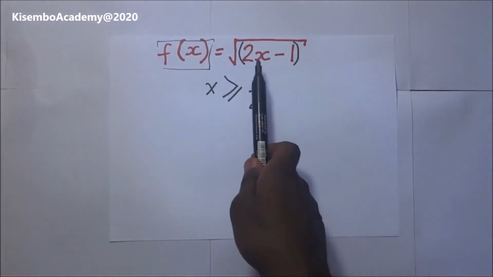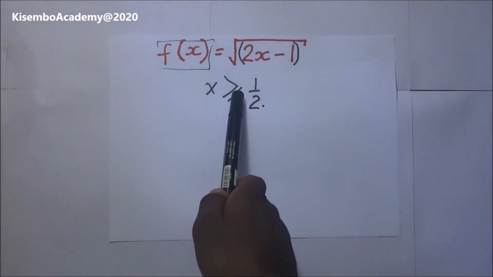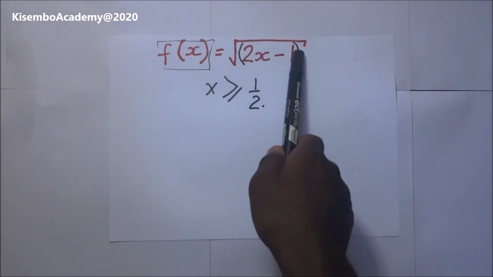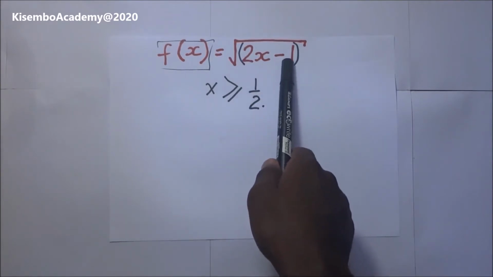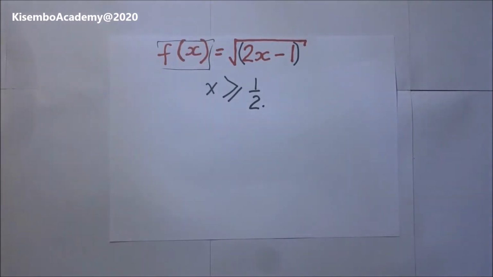So the input values are set to be greater than or equal to a half, so that we make sure that what we have in these brackets is never negative. That also means that the output, or call it the range, is in this case all non-negative numbers. For some functions, the domain can also just be predetermined.